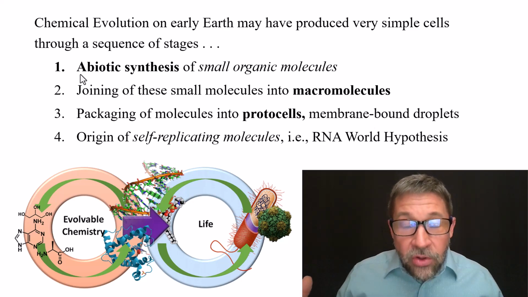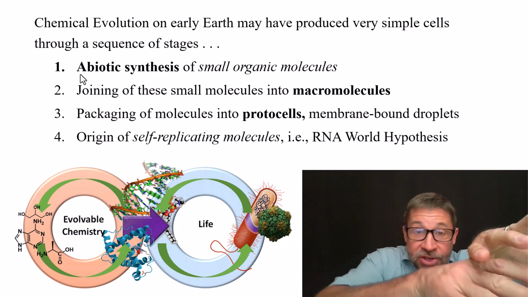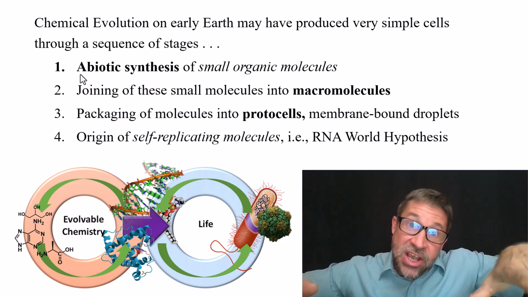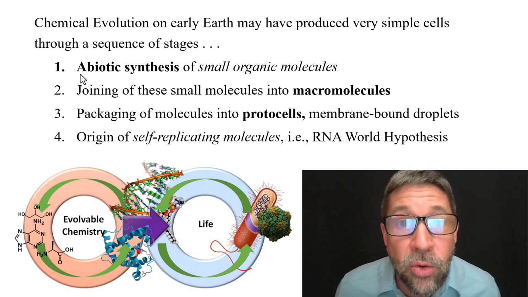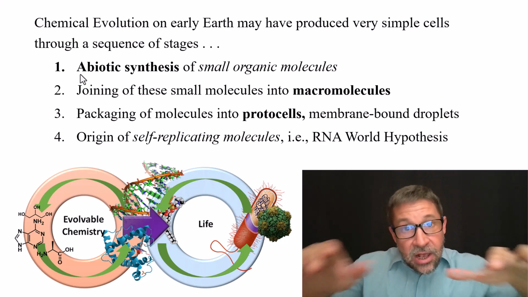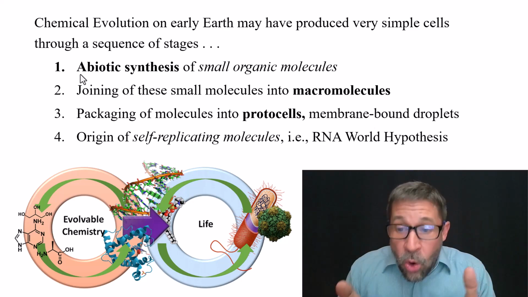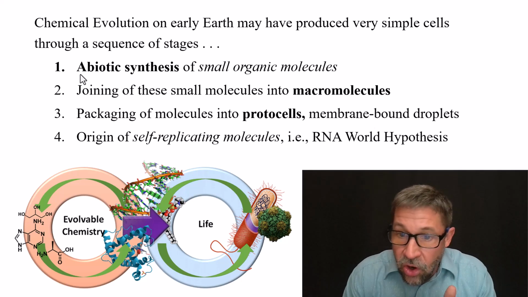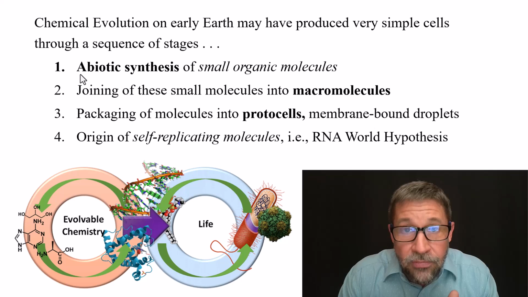These macromolecules are going to form balls, and then eventually they form these massive sheets or skins, these films of fatty acid. When the films fold over on themselves, you now have what scientists call a protocell.